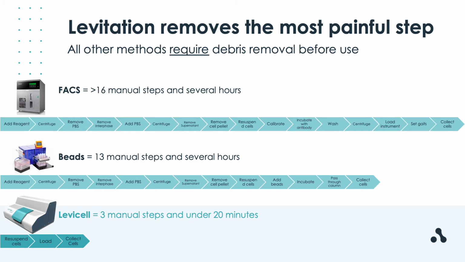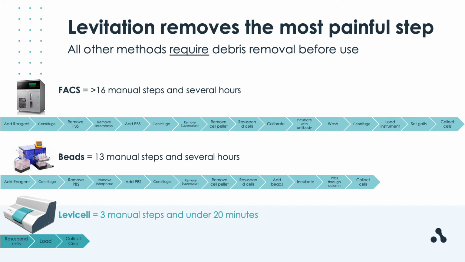The first 2 hours and about 8 steps are all about pre-processing before the sample can ever go into the instrument. For the LeviCell, we start directly with a dissociated tumor sample, and within 3 manual steps in 20 minutes, we are done. So even though our actual workflow is much easier, in reality, the debris and cleanup removal required by all other methods is the actual game killer.